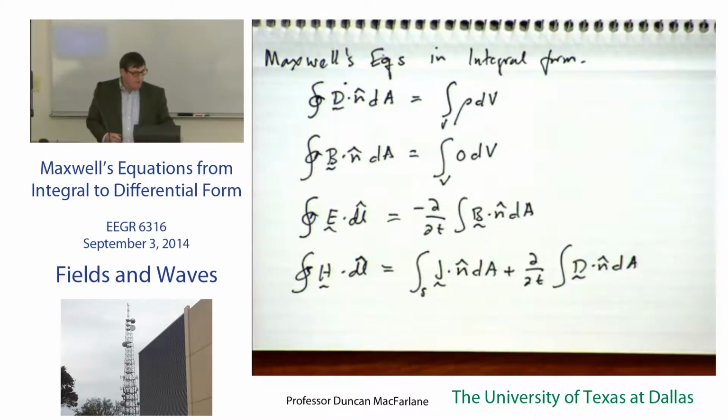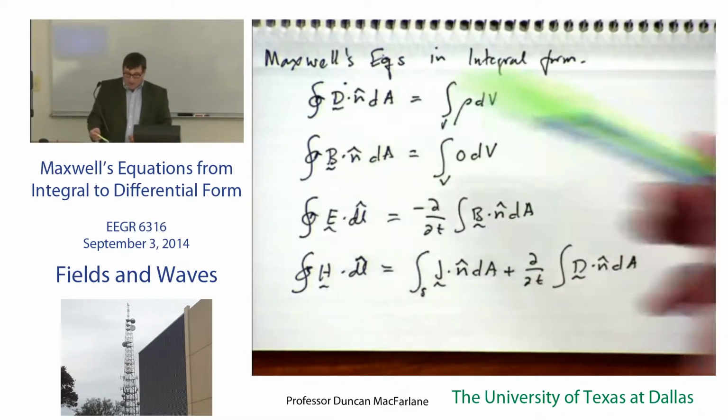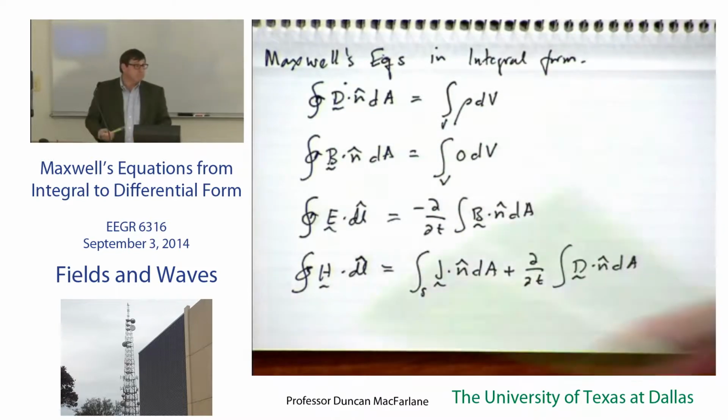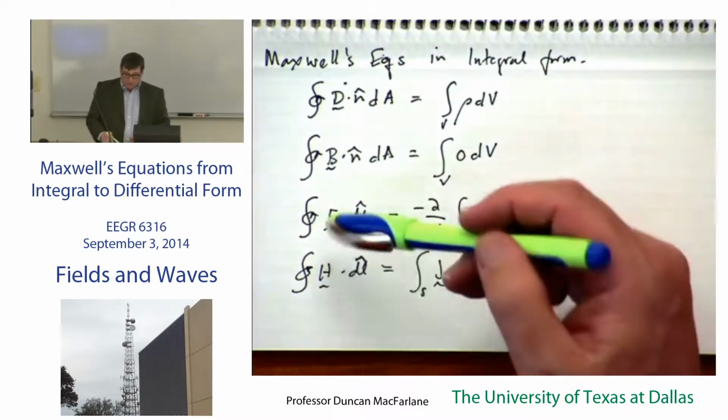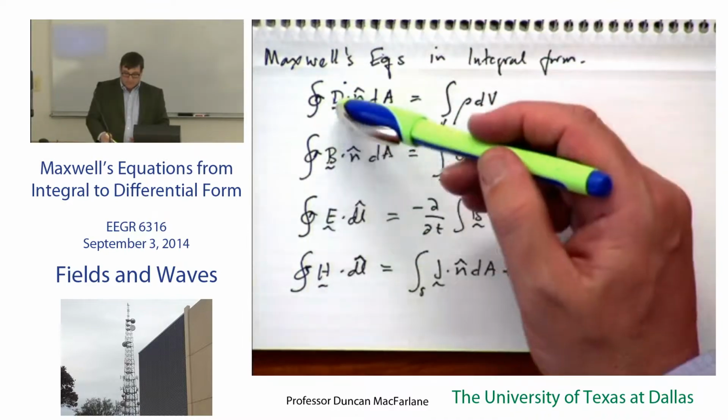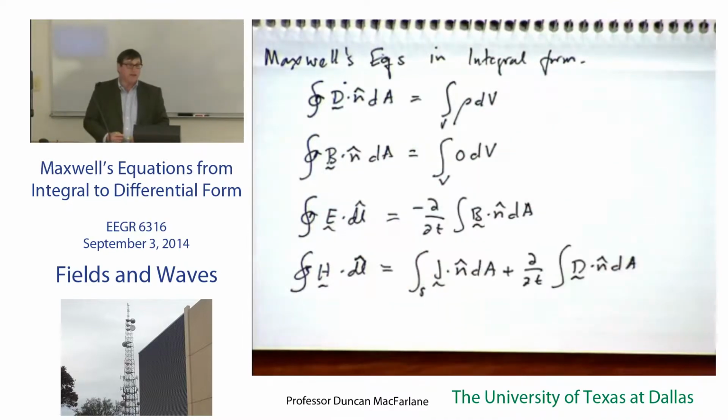I'll tell you the way I look at these equations. There are four of them. That's not that big a deal. There are two electric fields, D and E. And in this class, I'm going to be very judgmental and tell you that I like E a lot more than I like D. Okay?